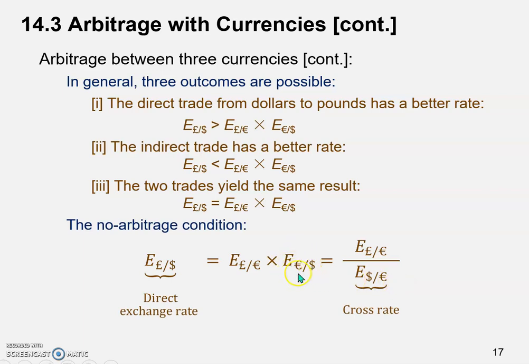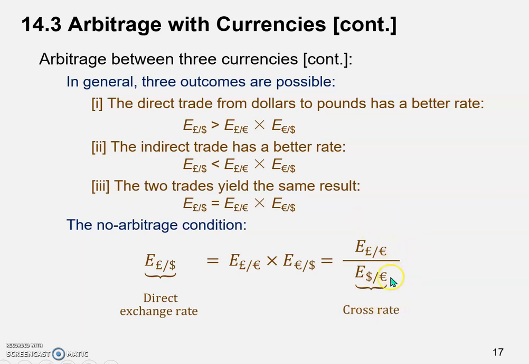We flip this exchange rate between the euros and dollars. Once we flip it, we get the number of units of dollars per euro, and it goes from the numerator to the denominator because we flip it. So this rate here is what we'll call the cross rate.